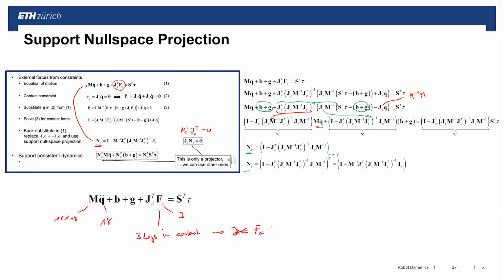Fc is a 9 times 1 vector. I have 3 times 3 forces. And if I look at my Jacobian, the Jacobian is an element of R 9 times 18. So somehow I have 18 degrees of freedom, but I'm only constraining 9.